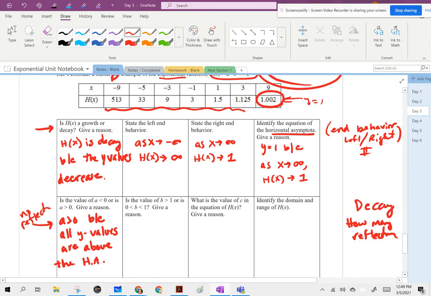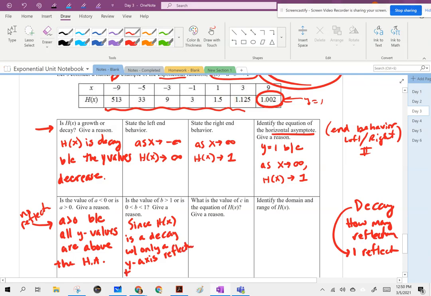So the only way that B can be decay with 1 reflection is if B is greater than 1. Okay, so let's go ahead and put that in a way. Since h of x is a decay with only a y-axis reflection, then B needs to be greater than 1.